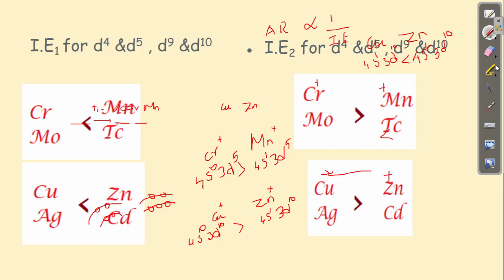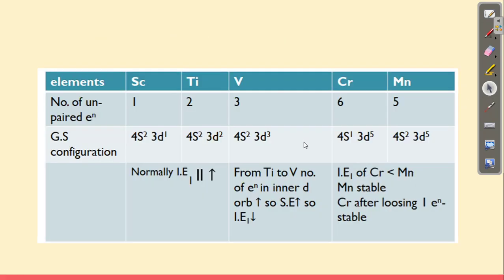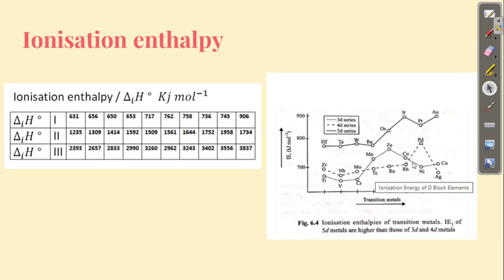Understood? Yes. Now the next thing we want to learn is about the rest of the elements. We didn't learn about the rest of the elements. Iron, cobalt, nickel have a small decrease in the ionization enthalpy. Normally as we go along the period, the ionization enthalpy should increase, but here it is decreasing.